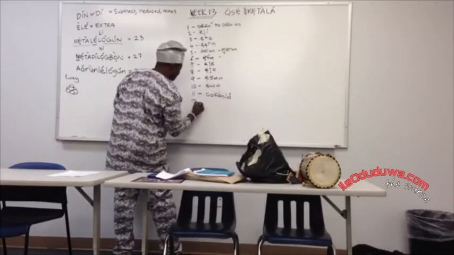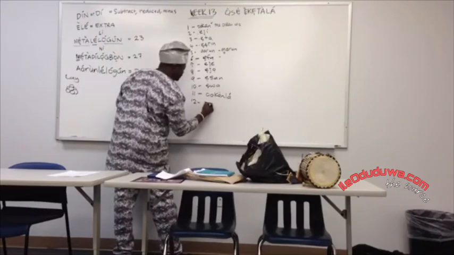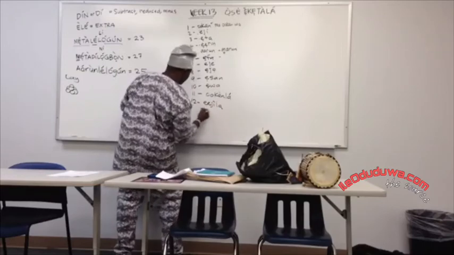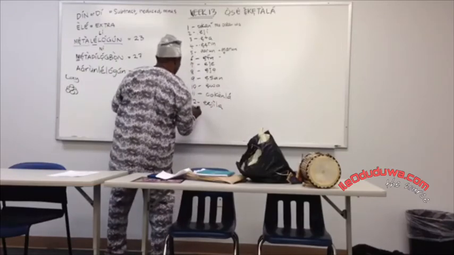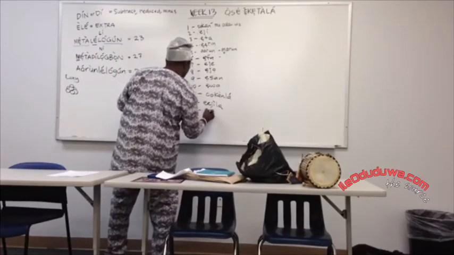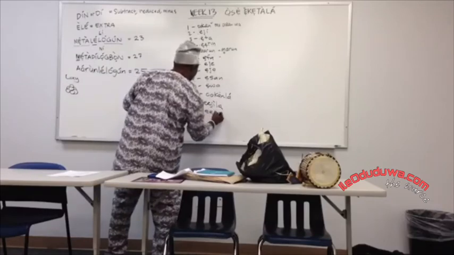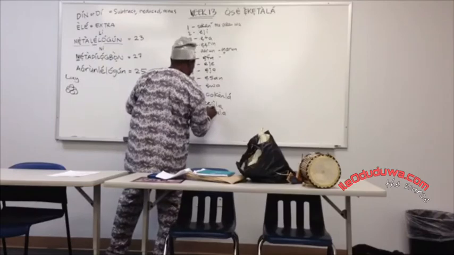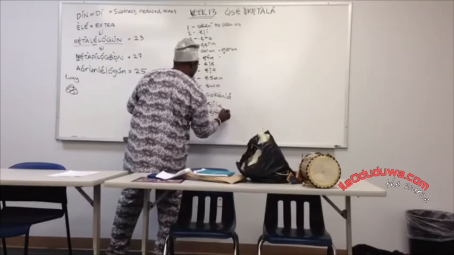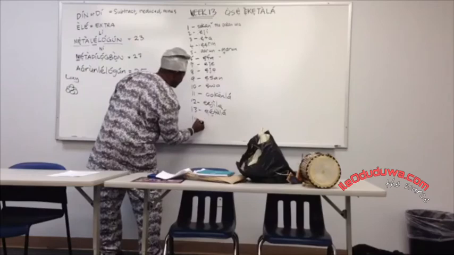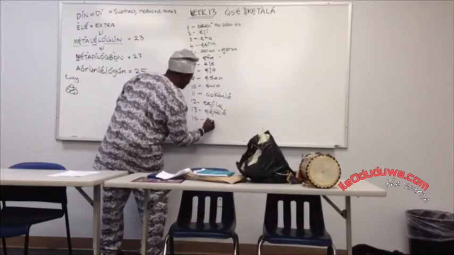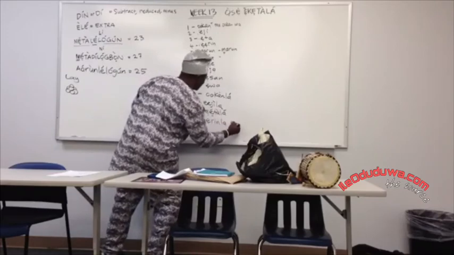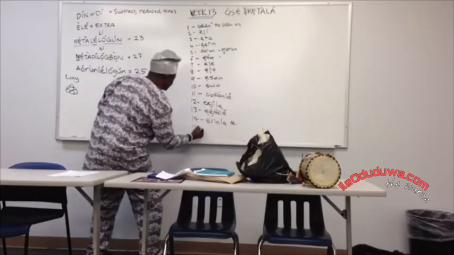Now it gets simpler. 12, Èjìlá. 13, Ẹ̀tàlá. And then 14, Ẹ̀rìnlá. Very good.